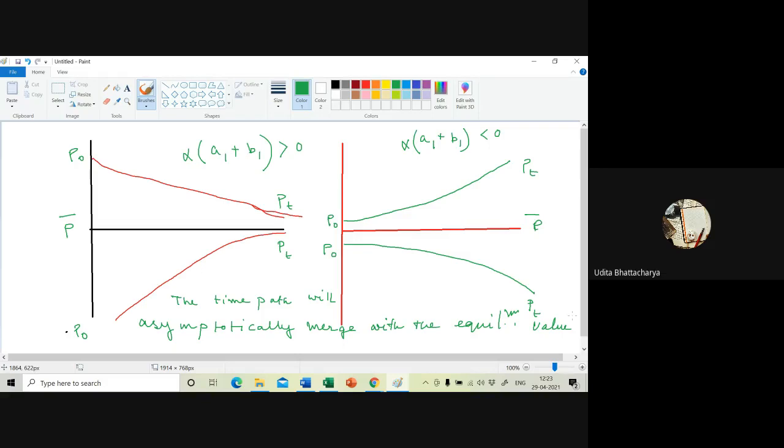Ma'am, in this diagram on the right, are the two curves diverging parallelly? Diverging parallelly with what? I didn't understand your question. Actually, there is a single curve in reality. Either your starting point is above the equilibrium or below the equilibrium.